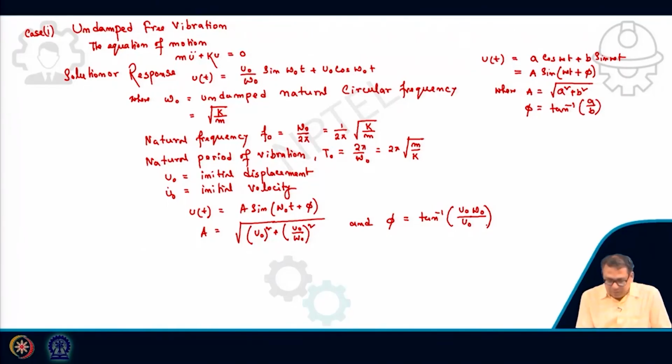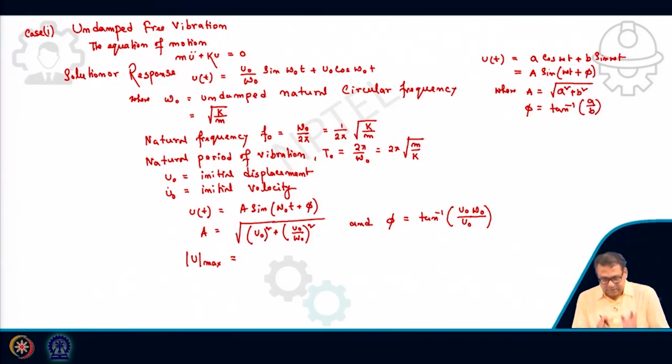Okay. So from here, what will be the maximum U? So U maximum, the maximum response or maximum value of displacement. If I take the absolute value, then sin(omega 0 t plus phi) can be maximum 1, or it can be minus 1 also.